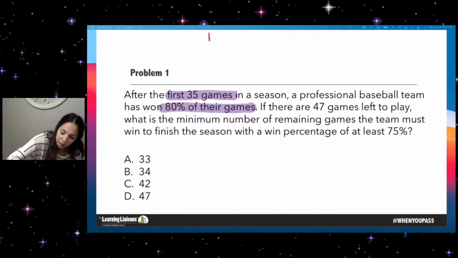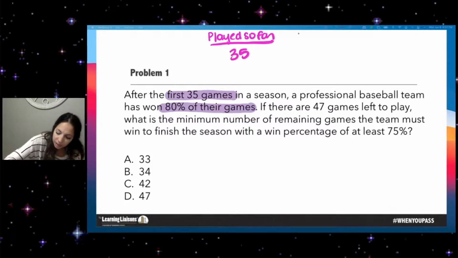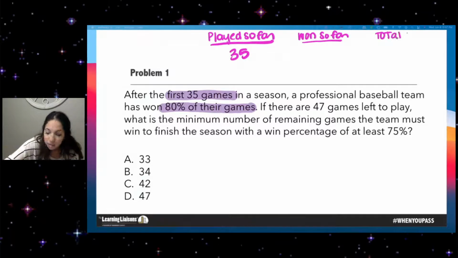So they played so far 35 games. They've won so far how many? Their total number of games. I'm just writing all the information that I know that I could pull from this problem.